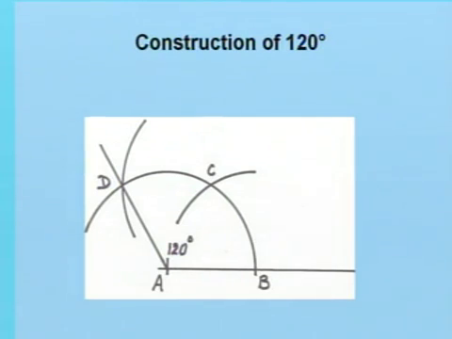Then we put the pair of compasses at C, center C, make another arc without changing the radius to cross the first arc at D. So we have 60 degrees and another 60 degrees. So if we join A through the intersecting arcs on the left and produce it and name that point D, then we have angle BAD equal to 120 degrees.